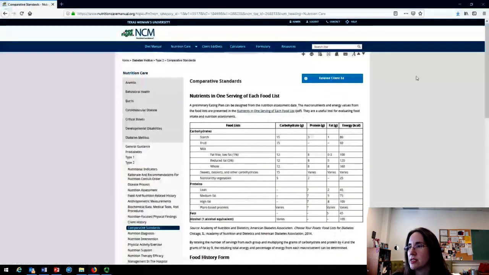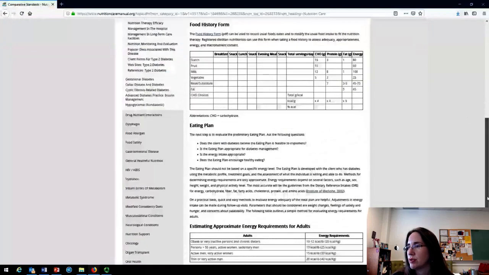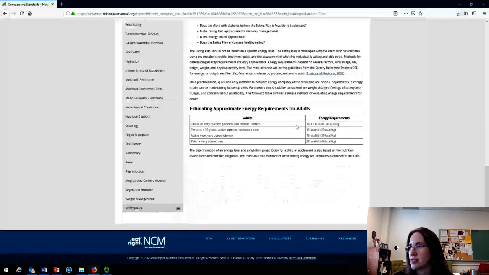And under comparative standards is usually where you find information on how to estimate needs. For example, here it tells you if the patient is obese or very inactive, you could use 20 kcals per kilo. If they're greater than 55, or they're active women or sedentary men, you could use 25, and if they're active men or very active women, you might use 30, etc. So those give you some quick methods.